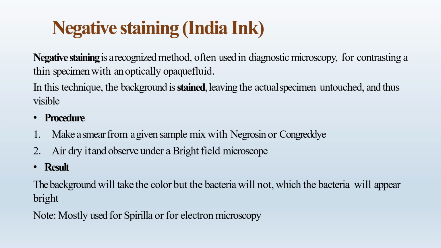In this procedure, a smear is made from the given sample with nigrosin or Congo red dye, and then it is air dried and then observed under a bright field microscope. The background would take the color, while bacteria would be bright, and they would be visible. It is used for spirochetes for electron microscopy.